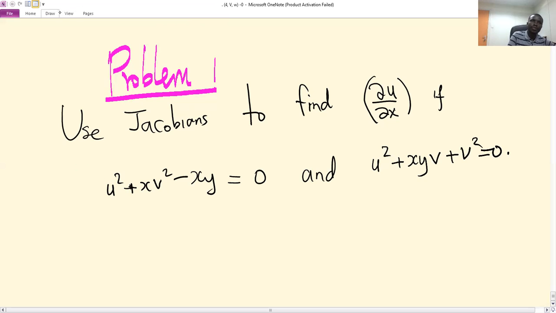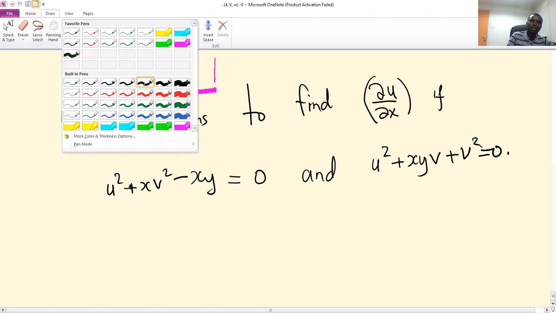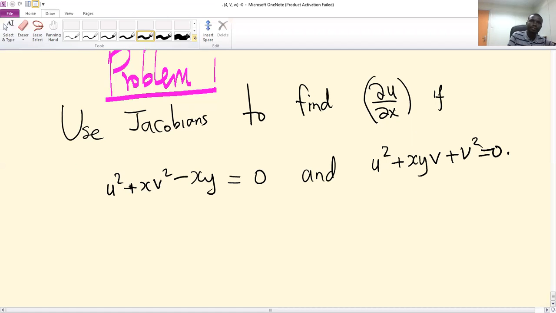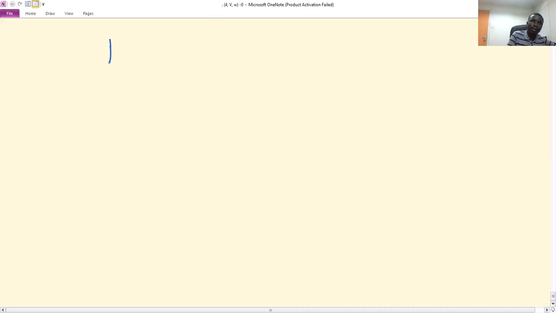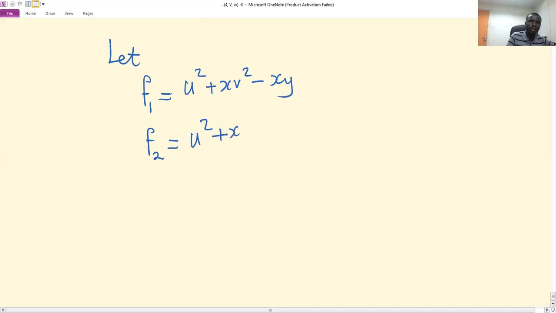Now, this is a case of two functions. So in the solution, let this one be f1 and this one be f2. So let f1 be given by u squared plus x v squared minus xy, and f2 be given by u squared plus xy v plus v squared.